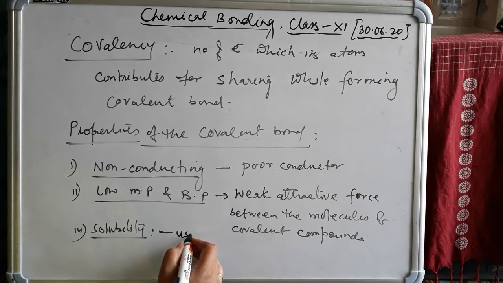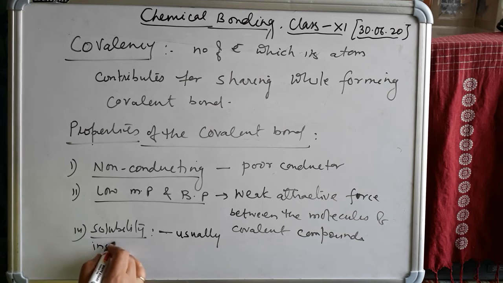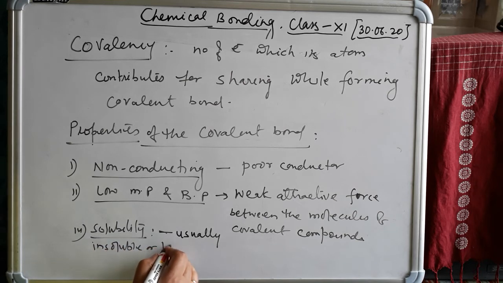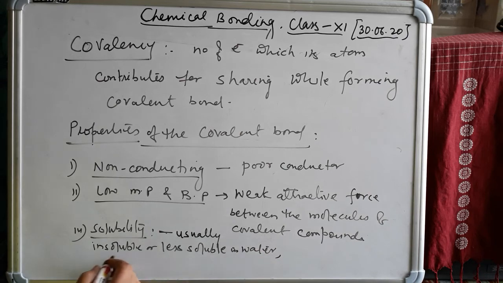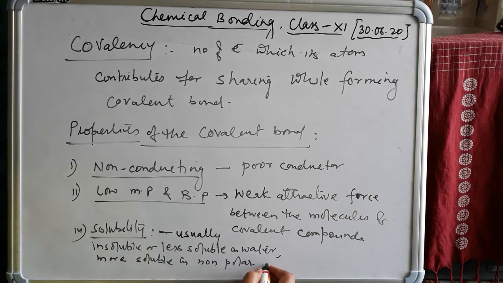So we can write: usually insoluble or less soluble in water, and more soluble in non-polar solvents like benzene and carbon tetrachloride. All organic compounds are non-polar in nature. So these are the properties of the covalent bond.